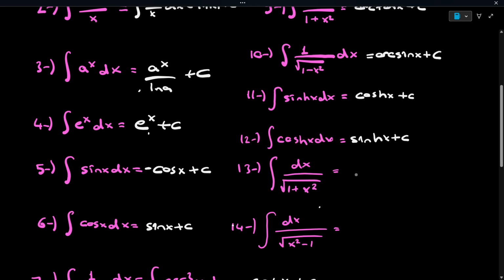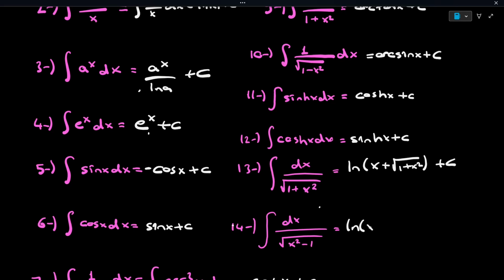For these two, don't worry about it right now, because some of us did not see this before, but we have other methods to integrate, and we will learn how to integrate these functions as well in the future. Square root of x squared minus 1 plus c.